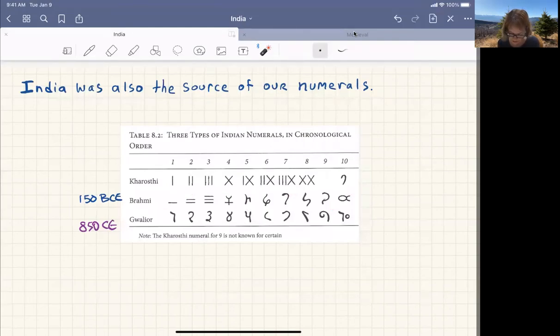And the earlier numbers were even simpler, more primitive, kind of reminiscent of the Chinese rod numerals. But in 850, if you look at these numbers right here, they do look kind of similar to the numbers that we use today, and they are indeed the source of the numbers.